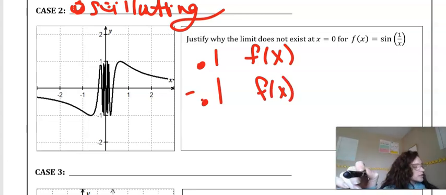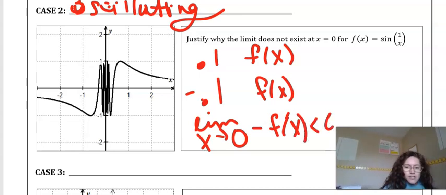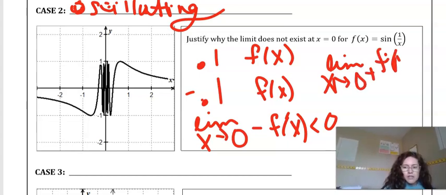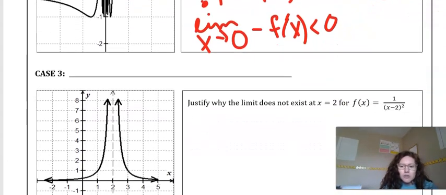So if I plug in a smaller value from 0 from the left, that's less than 0. And if I do it from the right, that's more than 0. And that's just by plugging in those values. And once those don't match, then you can say, okay, does not exist.